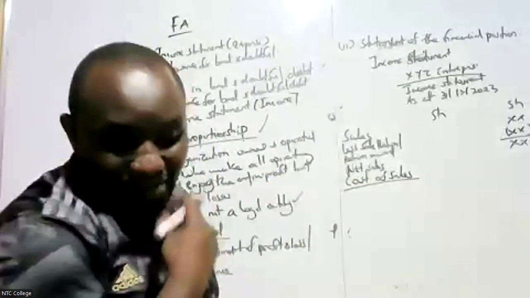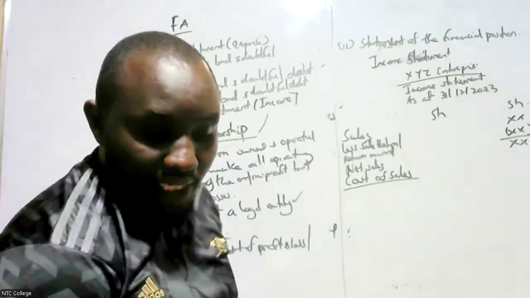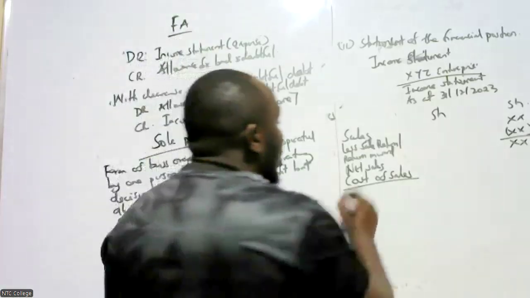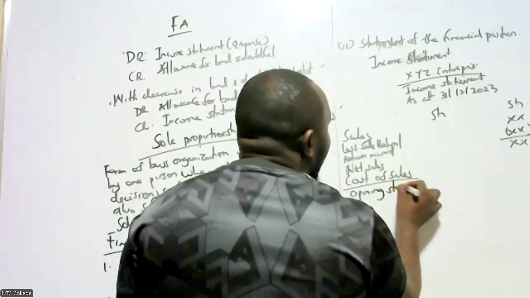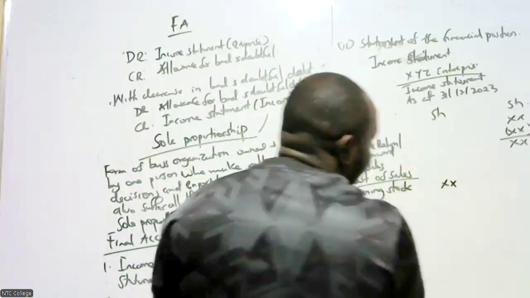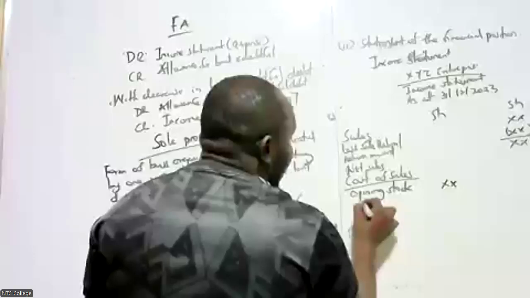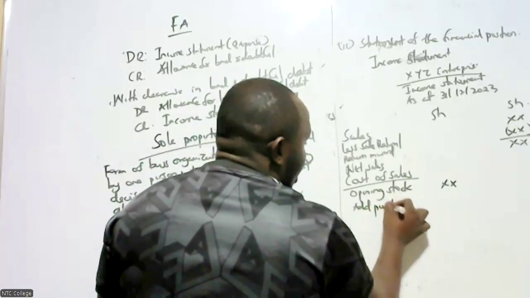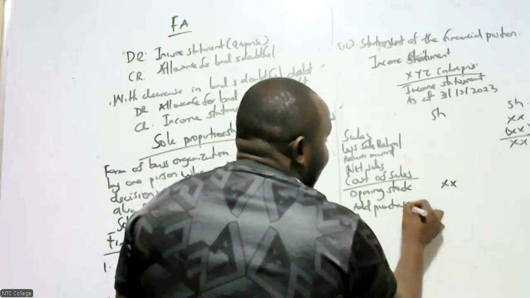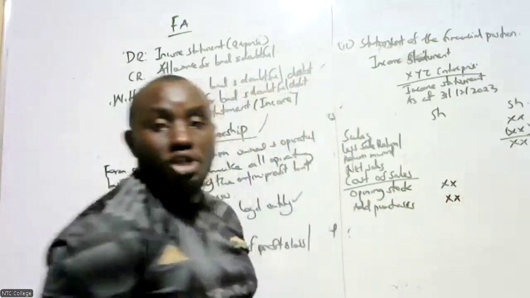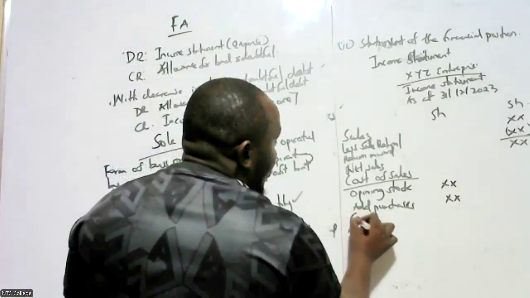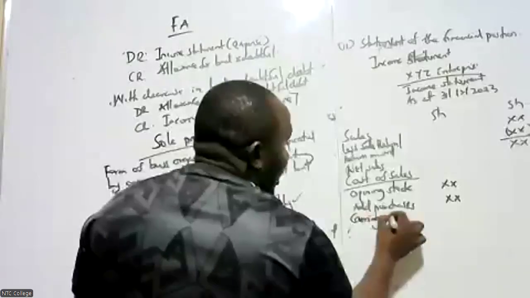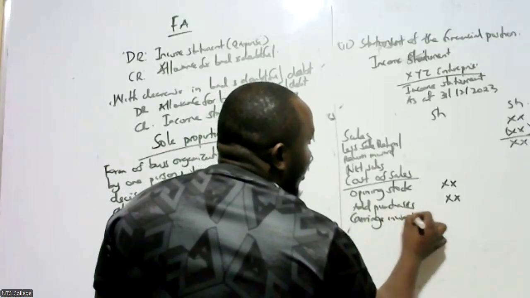In this case, cost of sales, we have what you call opening stock. We have that figure. We add purchases. Tuko pamoja. We respond if you're together. Carriage inwards, we say add carriage inwards, which are like the transportation costs.